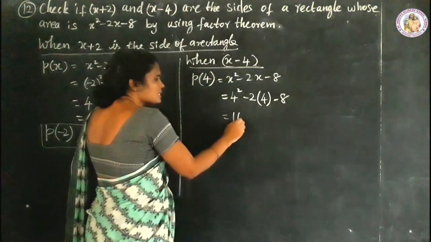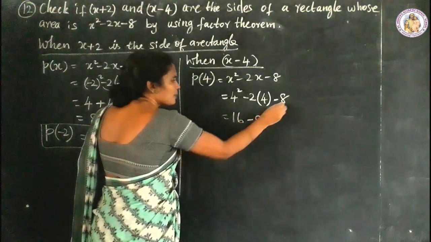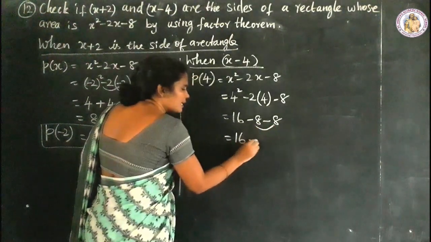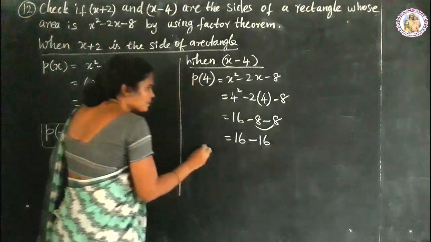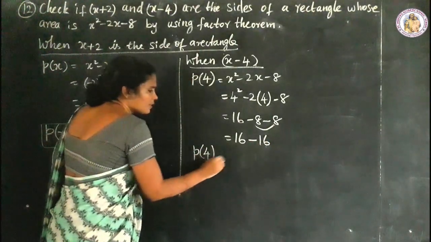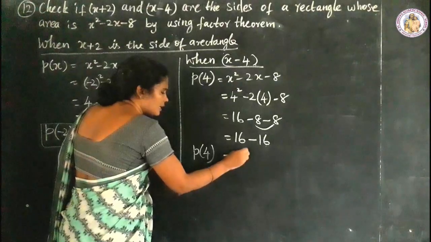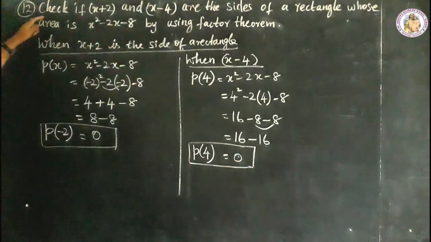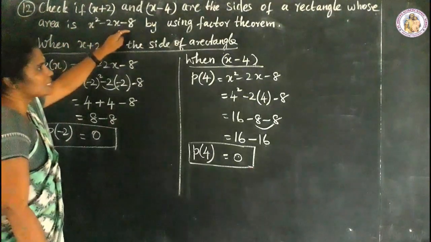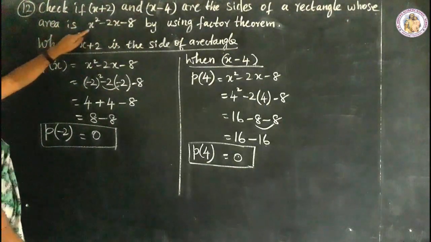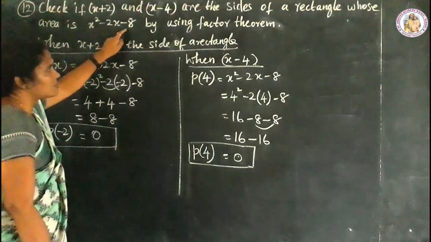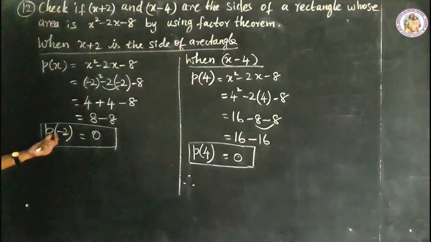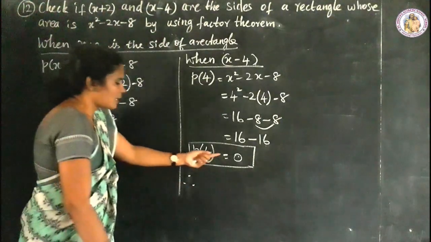So 4 4s are 16, 4 2s are 8 minus 8, same sign, add, minus 8 minus 16. So p of 4 is equal to plus 16 minus 16 is equal to 0. Now we are asked to check whether x plus 2 and x minus 4 are the sides of the rectangle whose area is x square minus 2x minus 8 by using factor theorem. By this, both p of minus 2 and p of 4 are equal to 0.